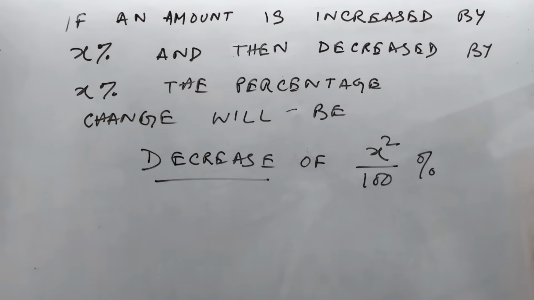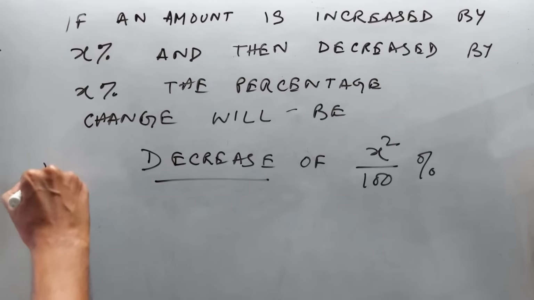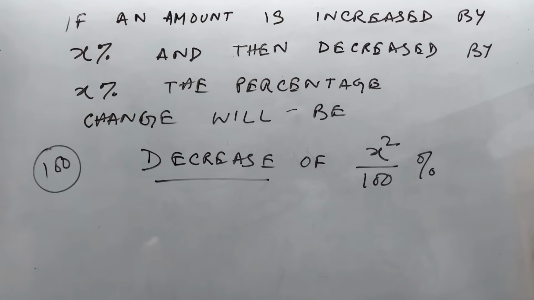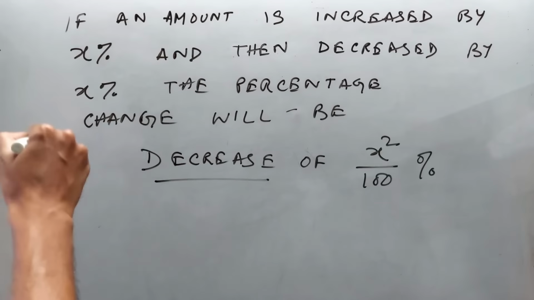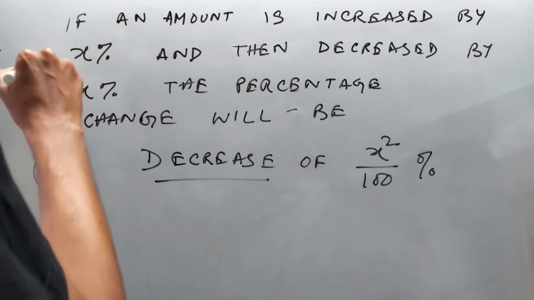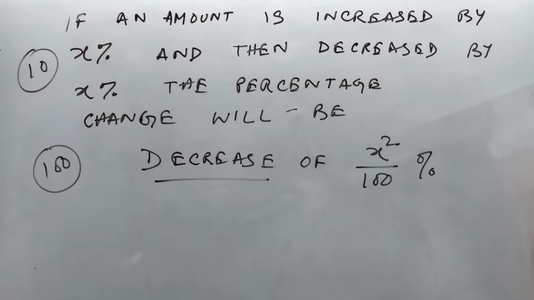Mark this. Say the initial number is 100. Always take the easiest number. And say X is 10%. Okay.